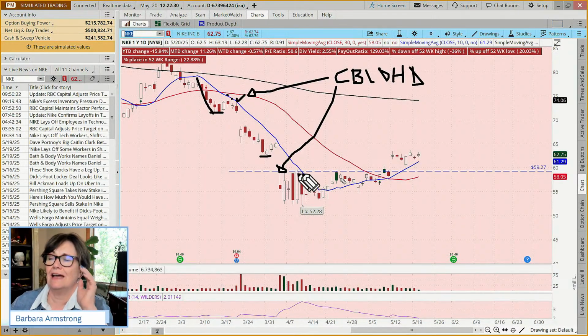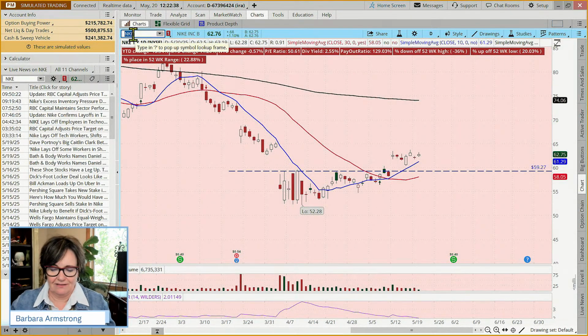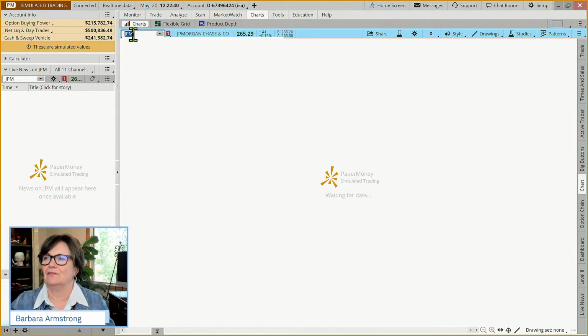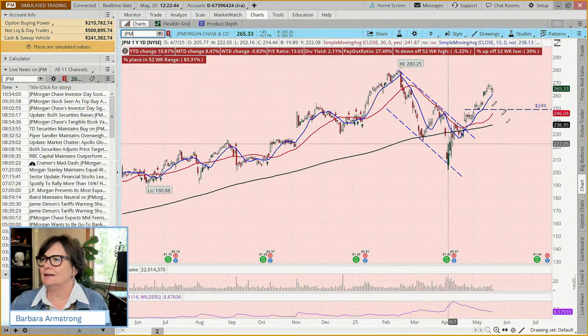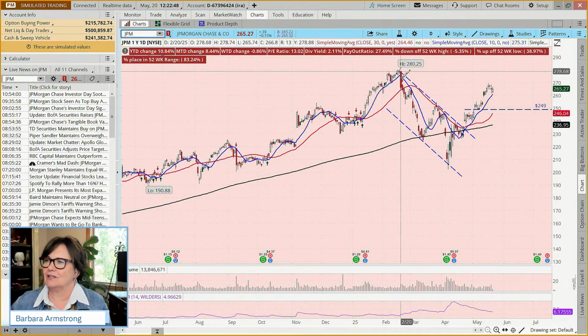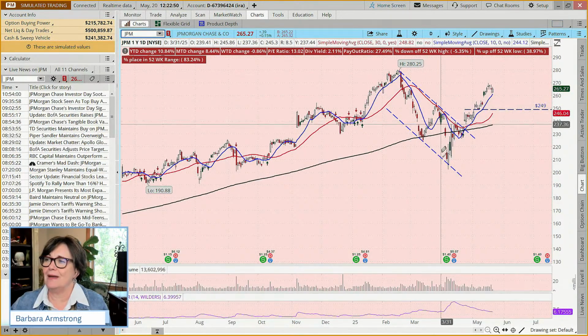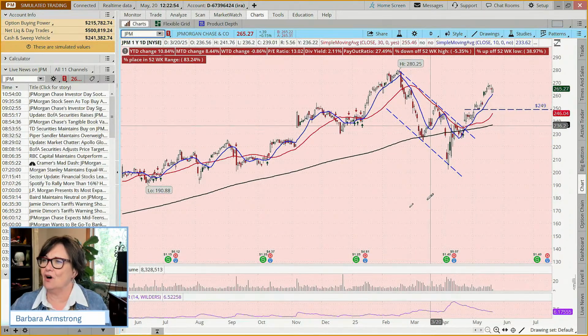Now let's look at a bullish example. There's more than a couple out there. So if we look at JP Morgan, we can see that over the last year, it's been uptrending. And then along with many other things in the market, it had this great fall.